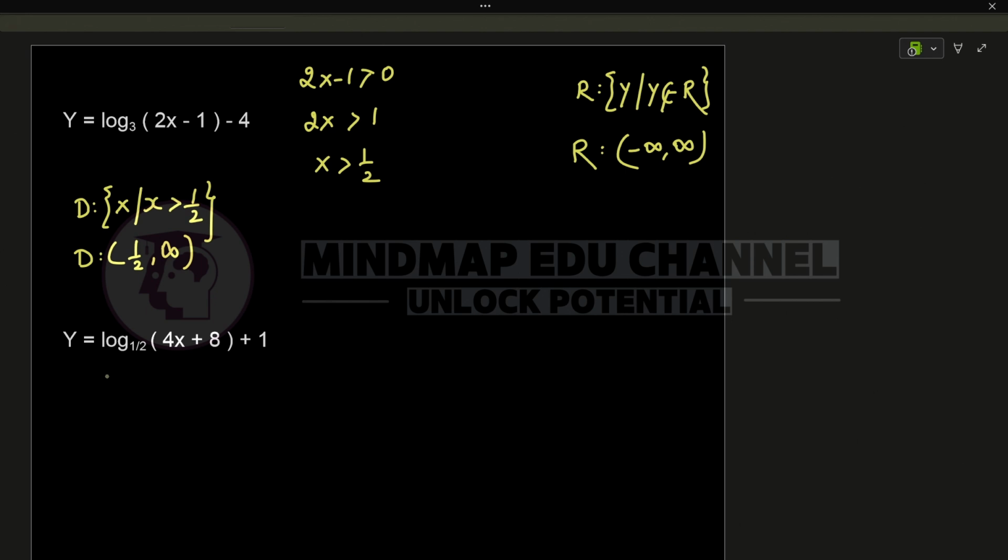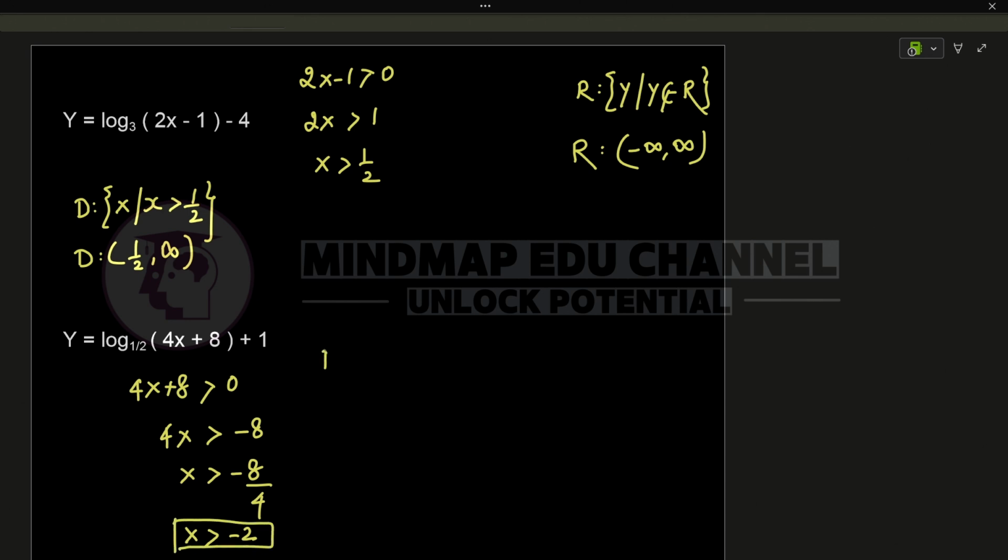y = log to the base 1 by 2 of (4x plus 8), plus 1. So 4x plus 8 is greater than 0. 4x is greater than minus 8. x is greater than minus 8 by 4. Therefore, x is greater than minus 2.